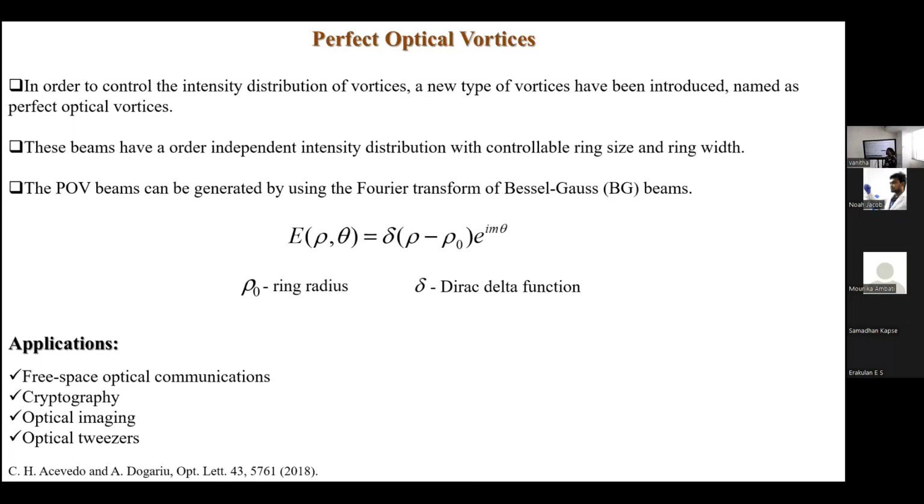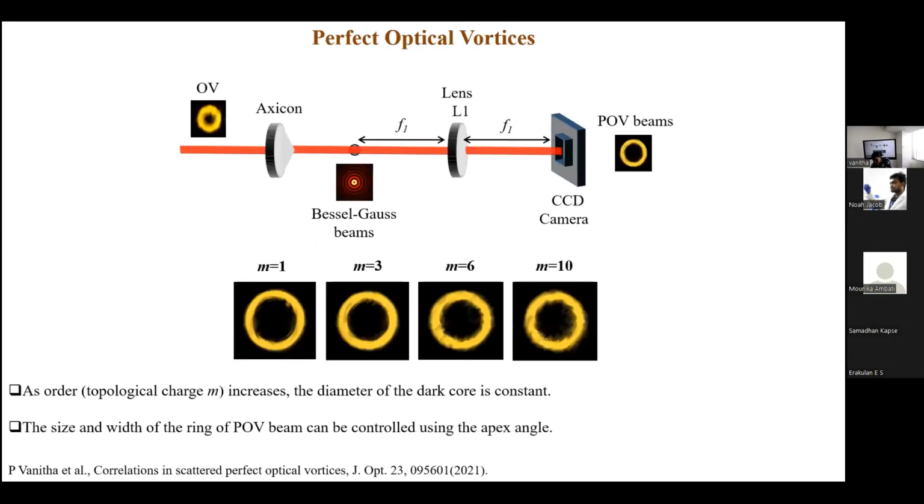These have order independent intensity distributions, meaning whichever order we increase, the intensity distribution is constant, and the dark core of the beam is the same. These can be generated by using the Fourier transform of Bessel Gauss beams, and this is the equation for POV beams. The applications are free space communication, cryptography, optical imaging, and optical research.